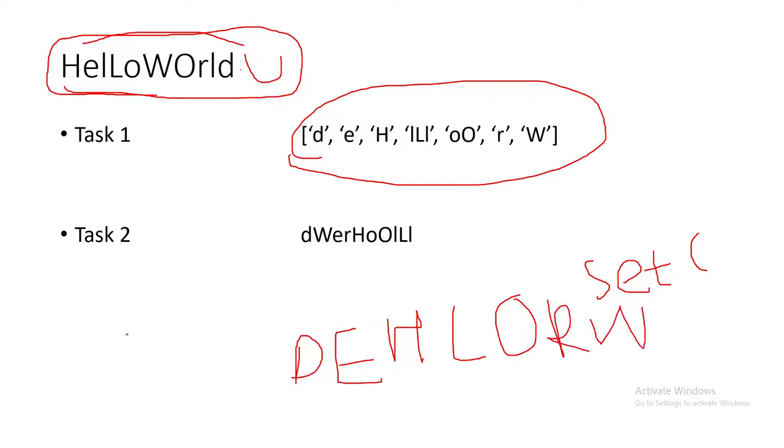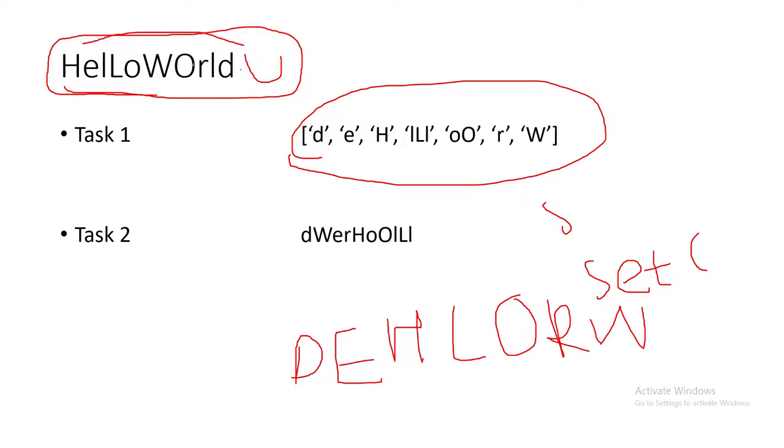I think it will be a list only because we are using sorted. Sorted converts the string directly into a list. After this, I am getting DEHLORW.